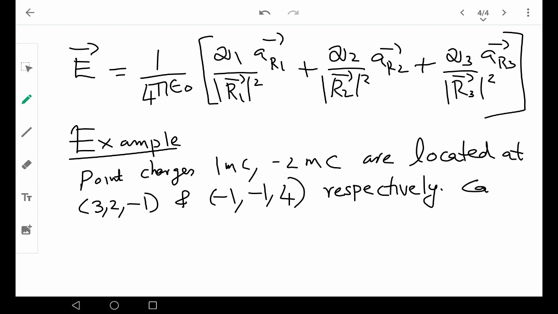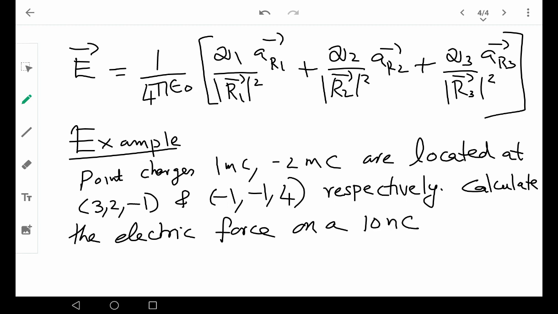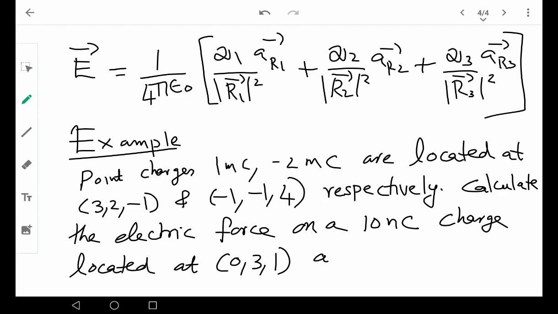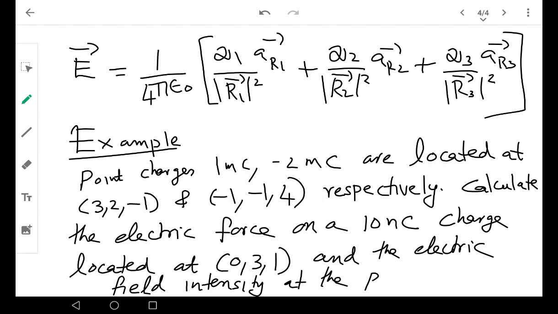So the question is, calculate the electric force on a 10 nanocoulomb charge located at (0, 3, 1) and the electric field intensity at the point.